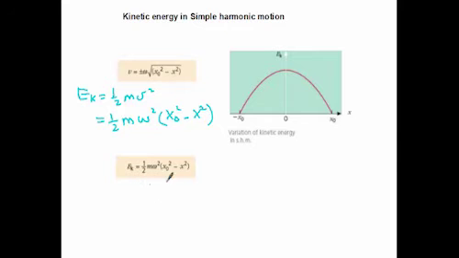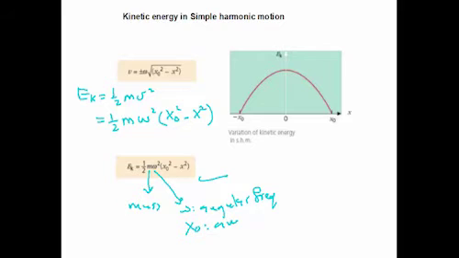So this is the formula, half m omega square, where m is the mass of the oscillator, omega is the angular frequency. Now x naught is the amplitude, which is the maximum displacement from the equilibrium position, and x is the displacement at any time.